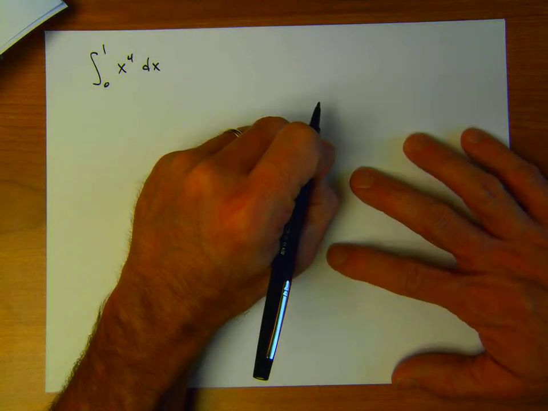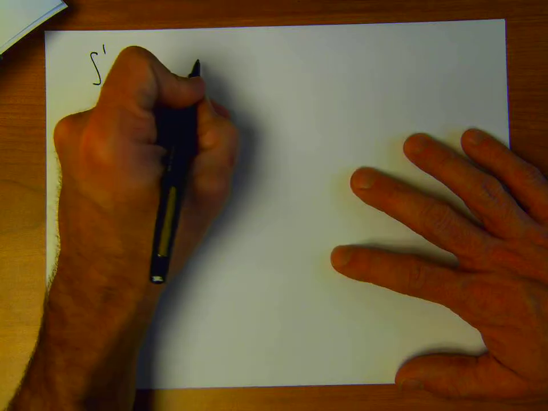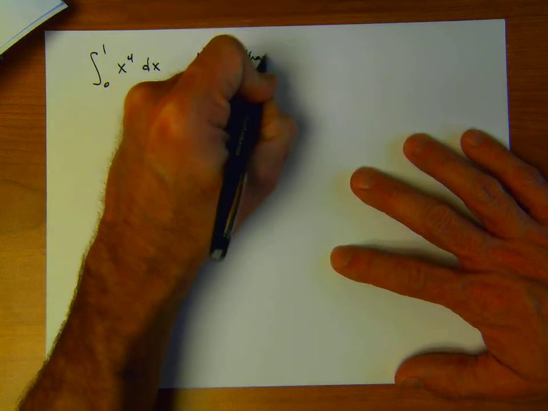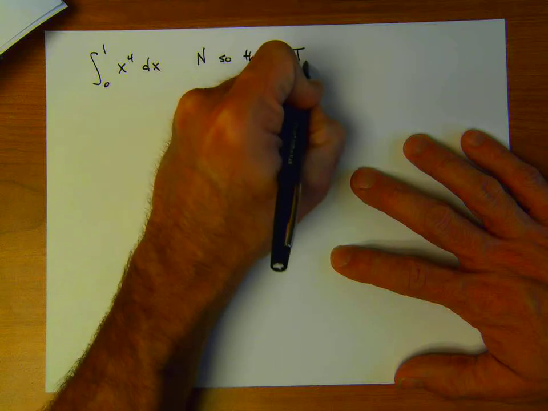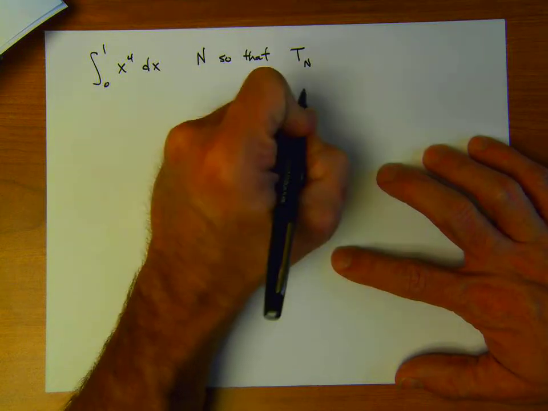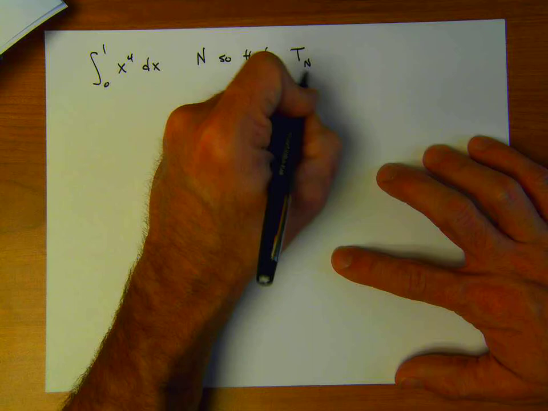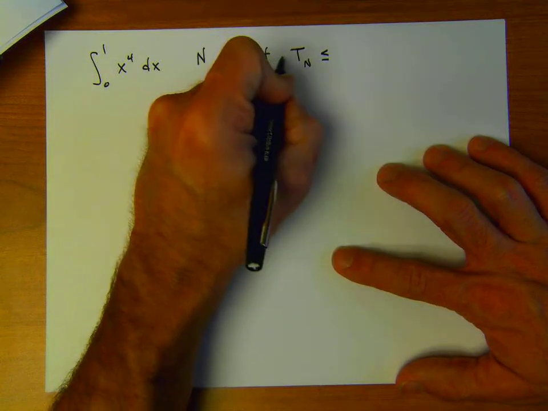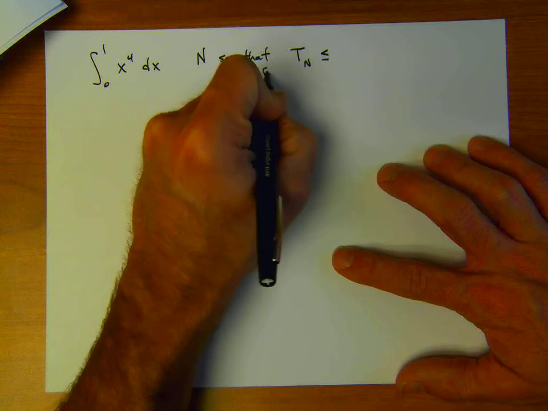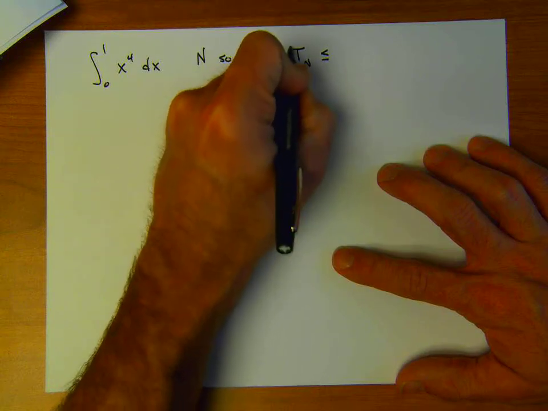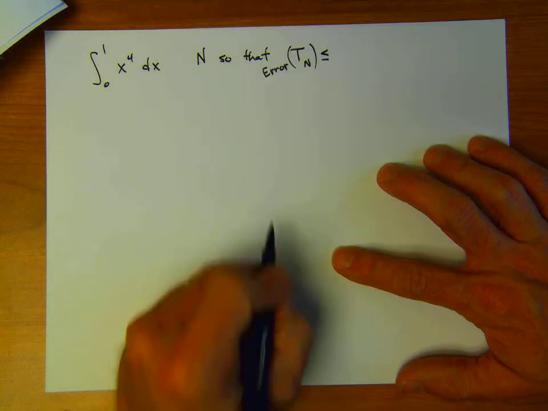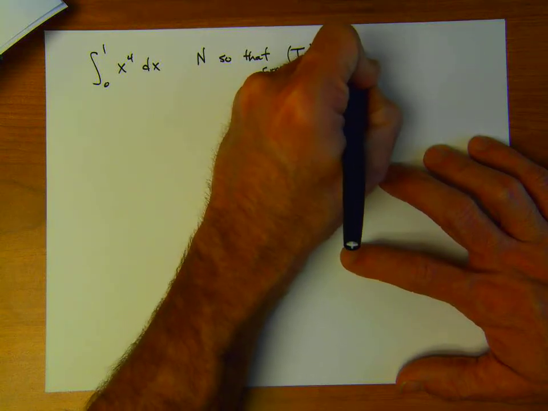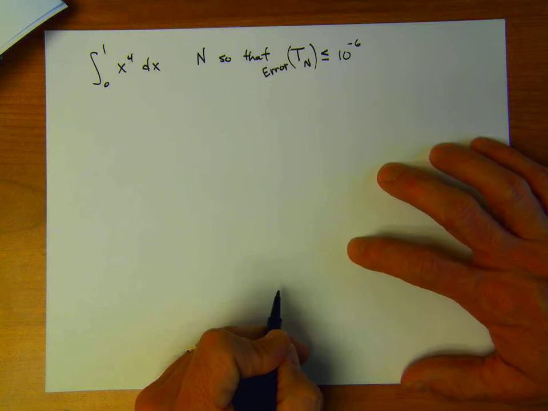And they want us to find the number of rectangles, n, so that Tn, the trapezoidal rule with however many rectangles, has error, the error associated with the trapezoidal rule with n rectangles, less than or equal to 10 to the negative 6. All right.